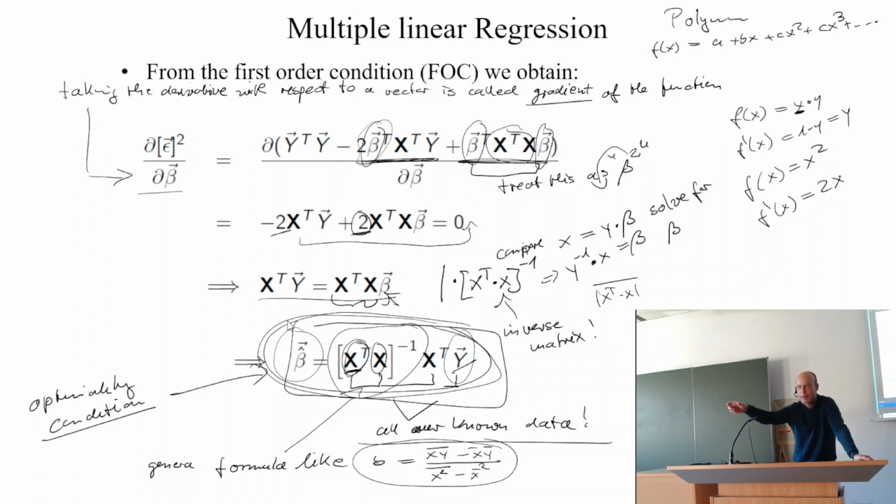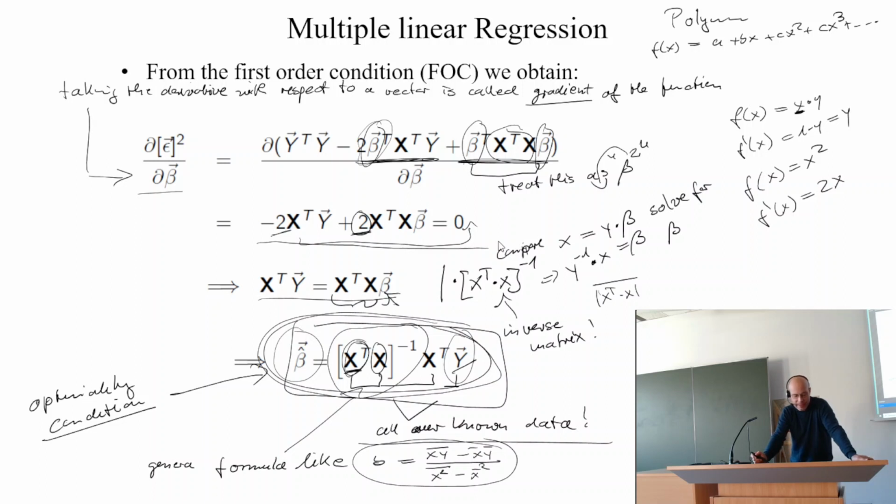There we had two parameters, a and b, and now we have n parameters, beta, so we have to calculate n different derivatives.